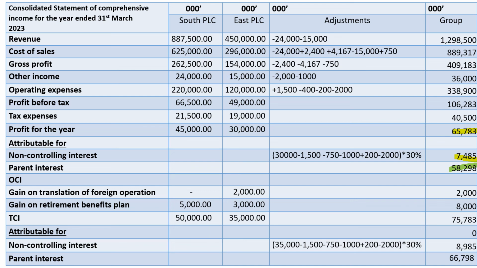The same procedure is applicable in the total comprehensive income as well. First, we have calculated the non-controlling interest. Then from the total comprehensive income, we are going to deduct it, and then we are going to obtain the parent's interest.